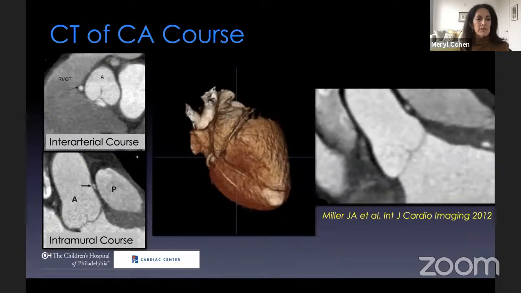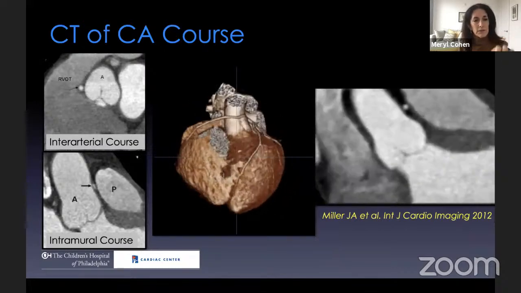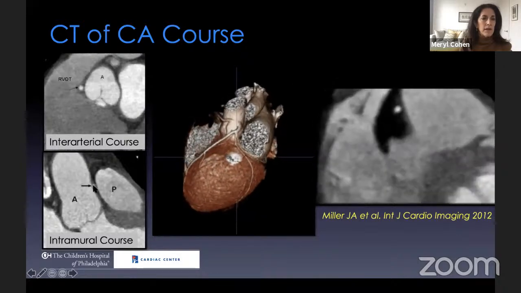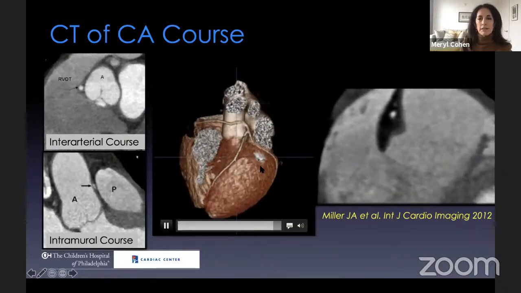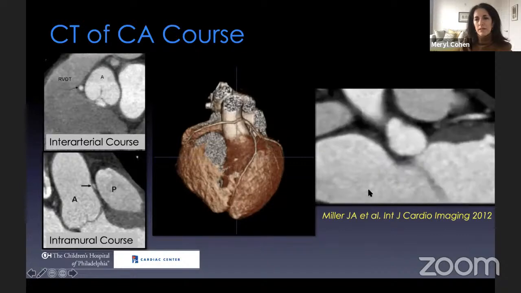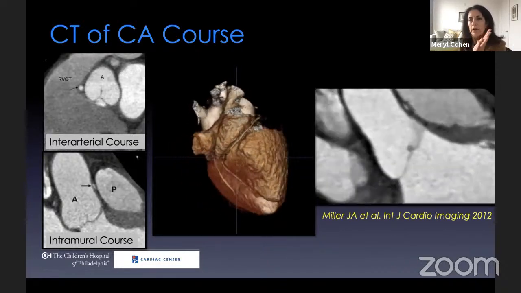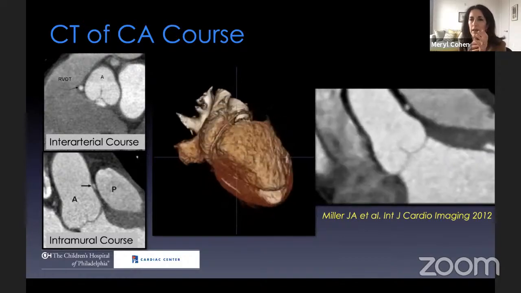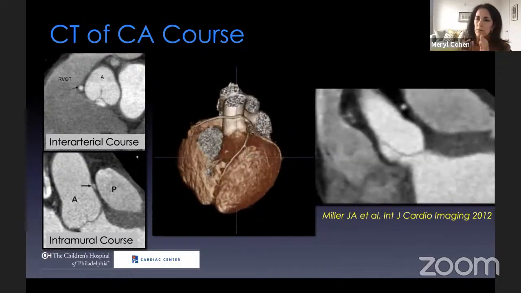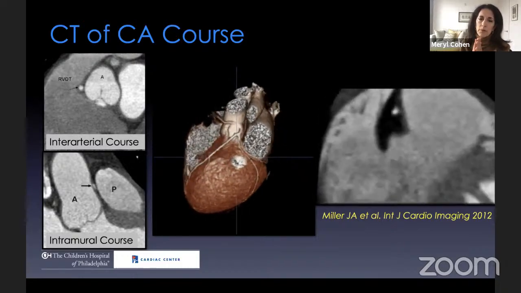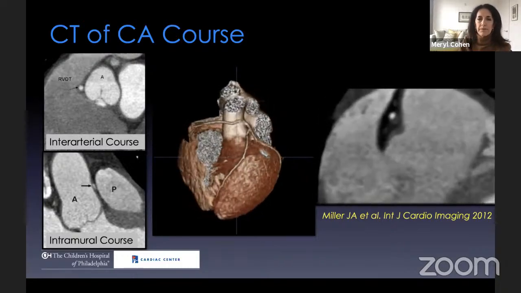If you see it develop this sort of eccentric elliptical shape, as you see down here, then we're very suspicious that it's intramural. And so here in this scan on the right, you see the coronary artery flatten and then become circular again. So that portion that was flattened is likely the intramural portion that you see.